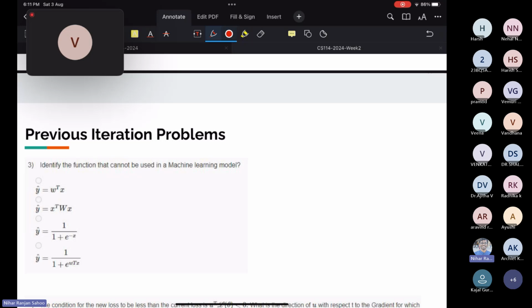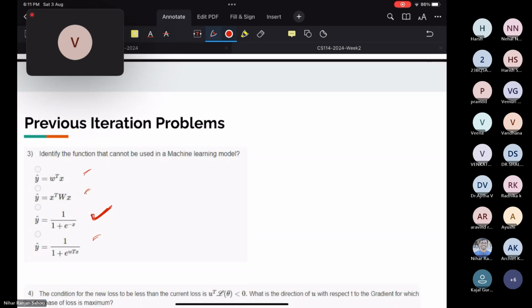We are not learning anything there. So here, if you see option C, it doesn't have any W value. So we're not learning anything here, and that's not a machine learning model. The other three may be right or wrong, but we're learning something, so they can be considered machine learning models. We don't know if they're very good models for the given X and Y, but they're machine learning models.